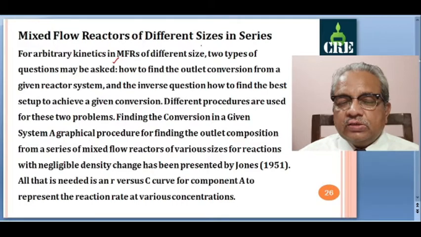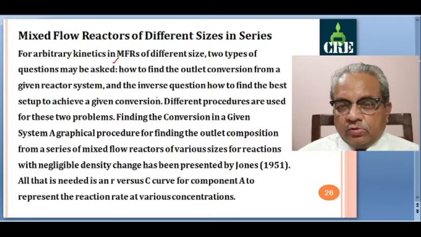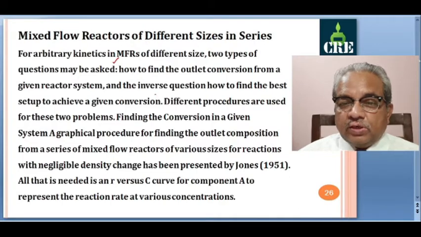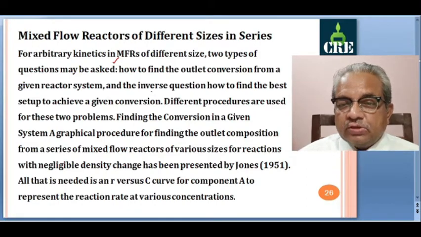So you can find the outlet conversion from the system, meaning outlet from the last reactor, if you know the other data. Or the inverse question, how to find the best setup to achieve the given conversion. So if it is asked you want to achieve 80% conversion and suggest the best setup, then the answer to this is not that easy. So different procedures are used for these problems.